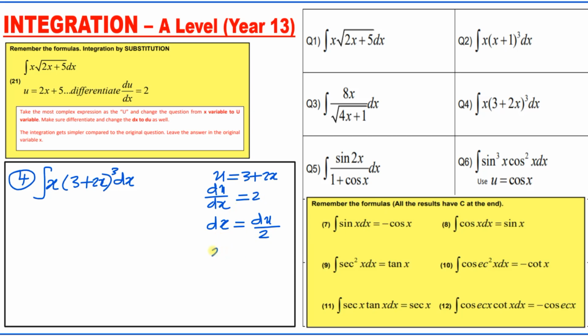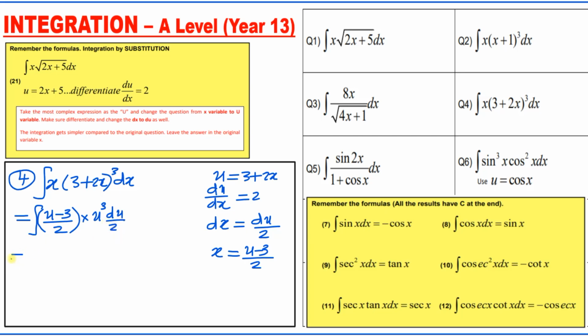Leave that one. And now x as the subject: x is going to be (u minus 3) over 2, right? So now integrating, x is what? (u minus 3) over 2, in one bracket, times u cubed, dx is du over 2.